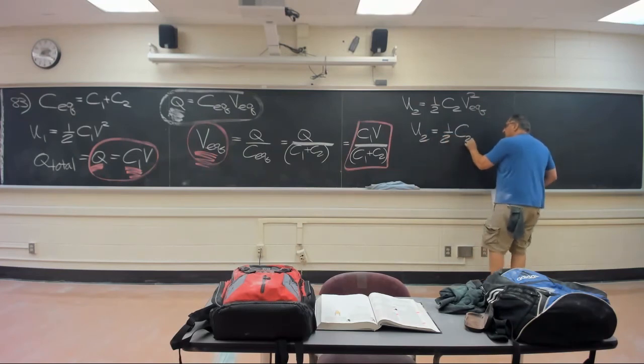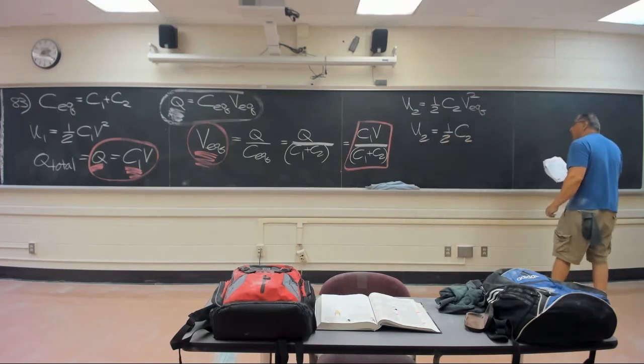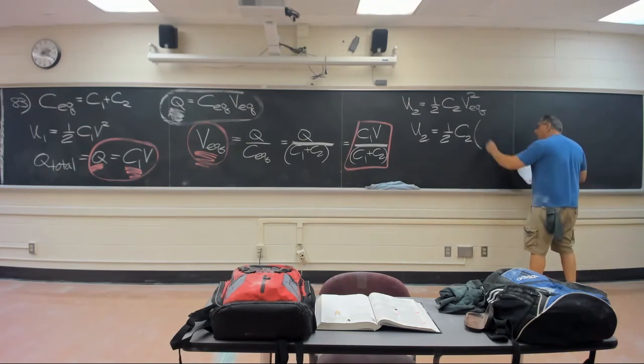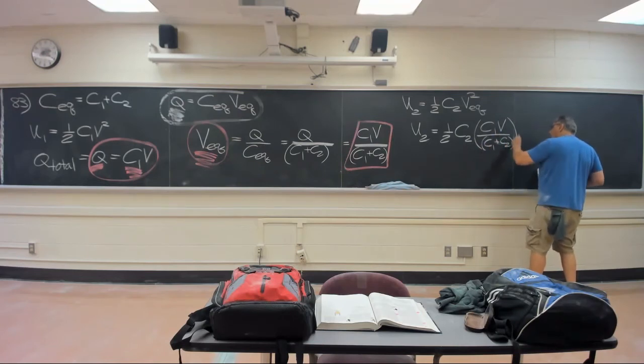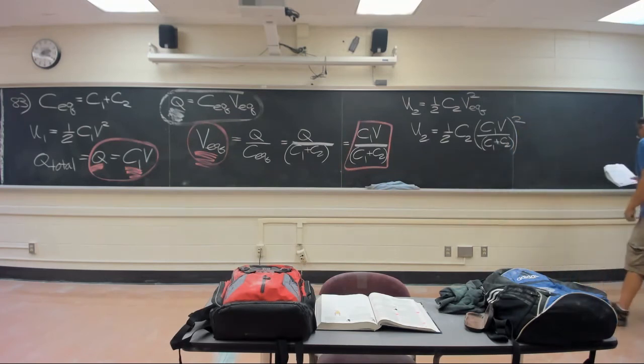It's 1/2 C2 rather. VEQ is C1V over C1 plus C2. Yeah, it's quite the mess, but there it is.